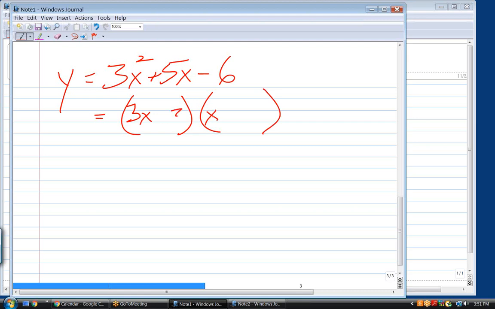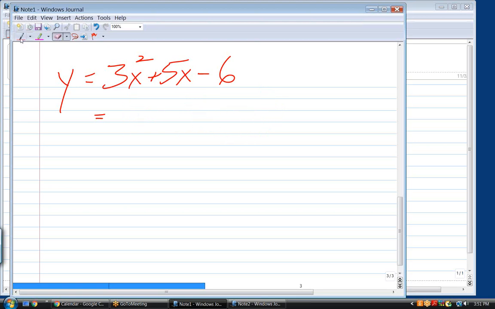Probably 3 and 2? No. 2 and 3 don't do it. 6 and 1 don't do it. So I'm going to have to use the quadratic formula to solve for the zeros.